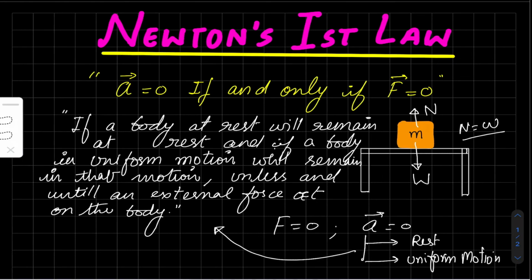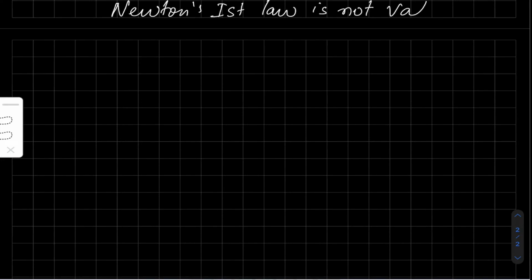But Newton's first law is not valid everywhere. This is a very important point we need to know. So let's discuss that. First law is not valid everywhere. So where it is valid and where it is not valid, we will discuss.